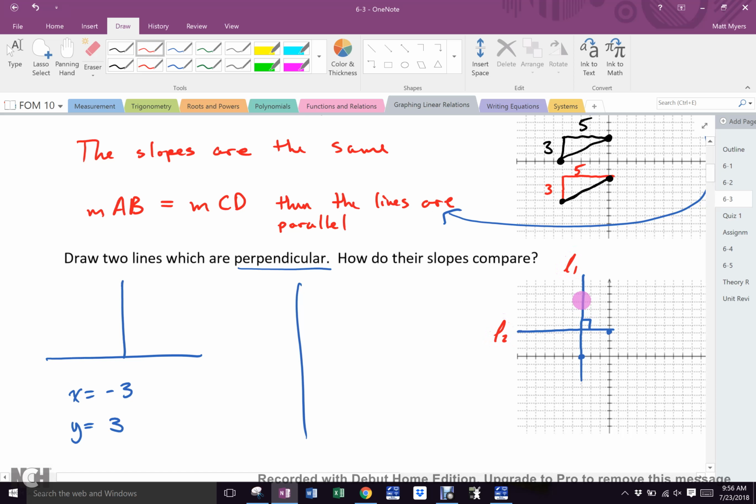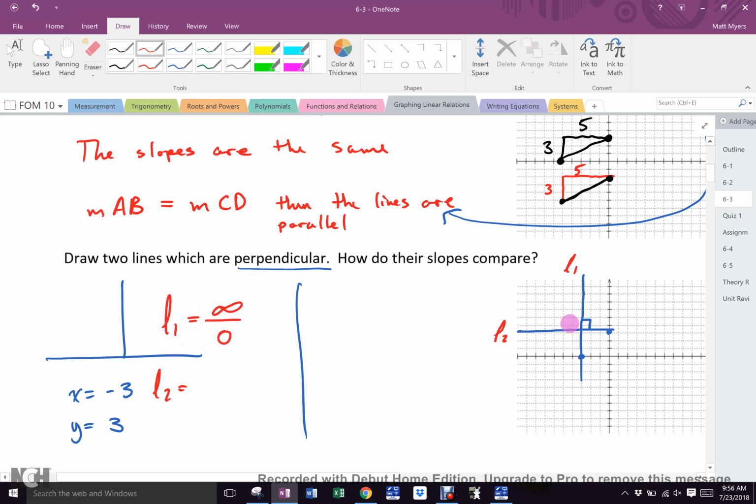What is the slope of line 1? How far up and down does it go? Does it ever stop? It's undefined, right? Which means line 1, its slope is an infinite rise over what run? 0. What is the slope of line 2?